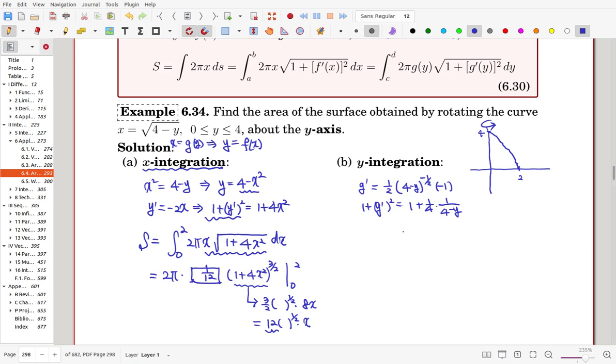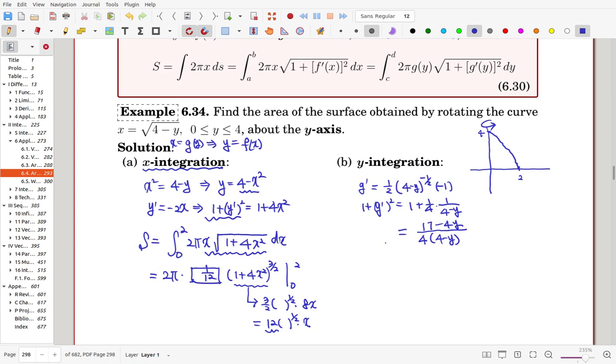So that is the same as, okay, we put here 4 minus y, and then this is 16 minus 4y plus 1, so that's 17 minus 4y.